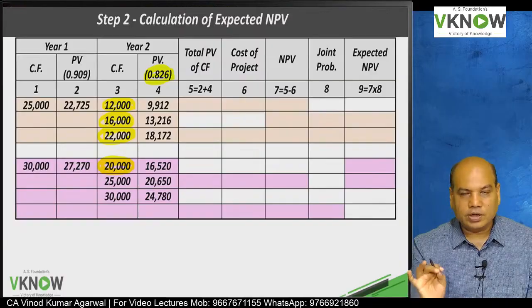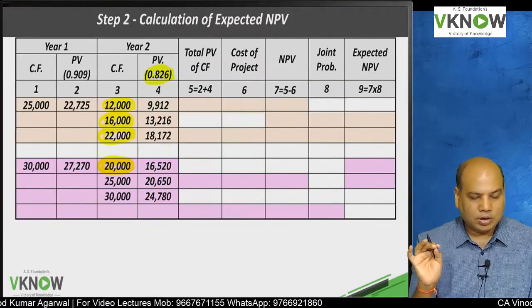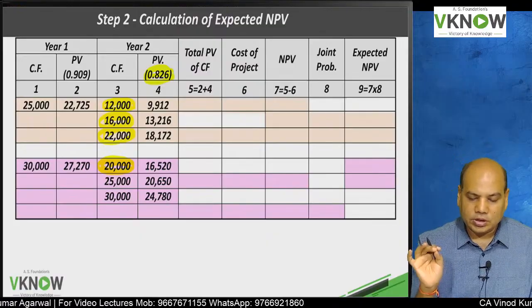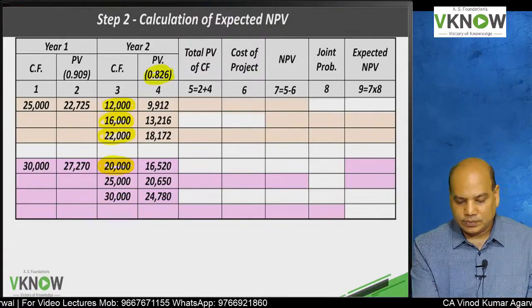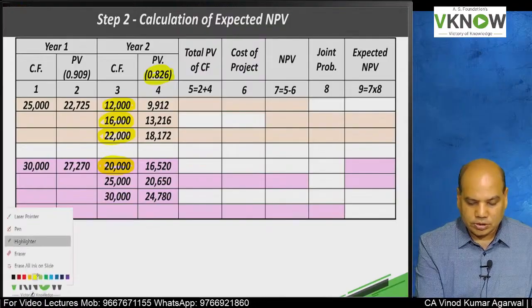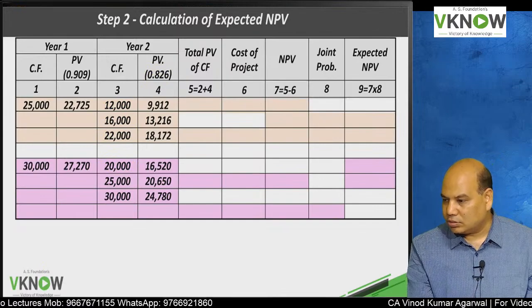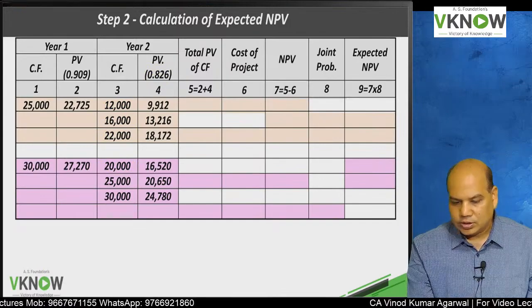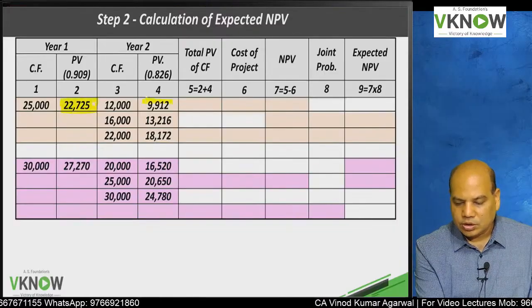This is the present value of year 2 cash flow, depending upon whether you get 12,000 or 16,000 or 22,000 or 20, 25, 30. Any query up to this? No query. This is my year 1 cash flow. This is my year 2 cash flow, present value terms.